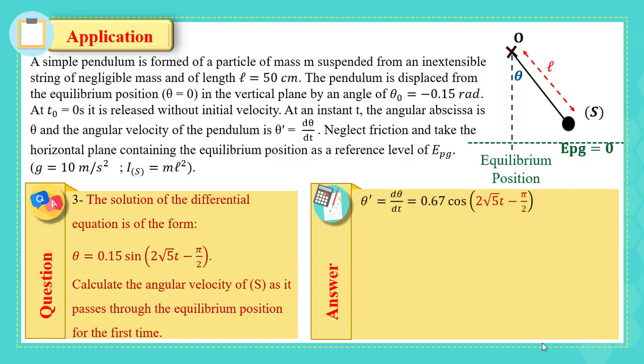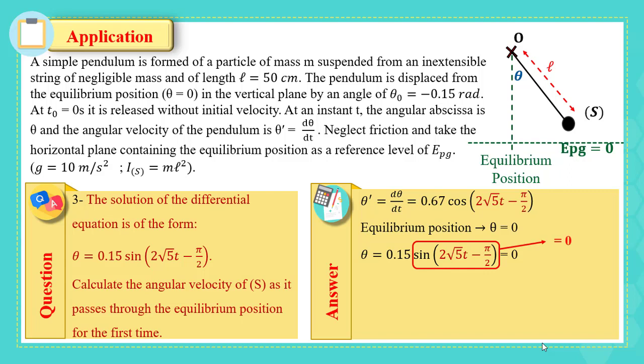So theta prime equals 0.67 cosine(2 radical 5t minus pi over 2). But equilibrium position means theta equals 0. So theta equals 0.15 sine(2 radical 5t minus pi over 2) equals 0. And that means sine(2 radical 5t minus pi over 2) is 0.